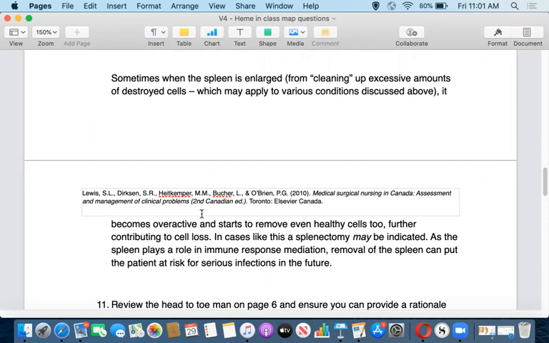So it could be a decrease in red blood cells, anemia, it could be a decrease in platelets, thrombocytopenia, or you could end up with neutropenia, a decrease in white blood cells. It also affects the immune response in general. So in a case like that, which can't be resolved, you might need to remove the spleen. But the risk of doing that is that the risk of serious infections increases.